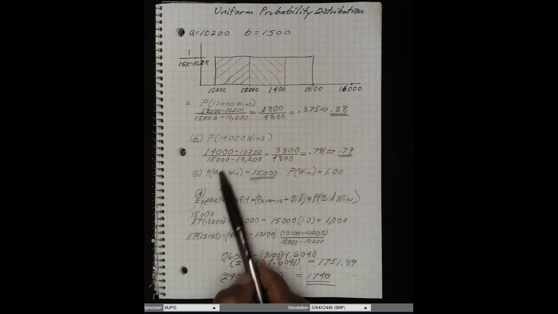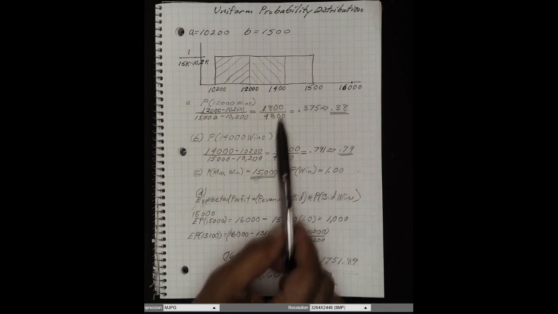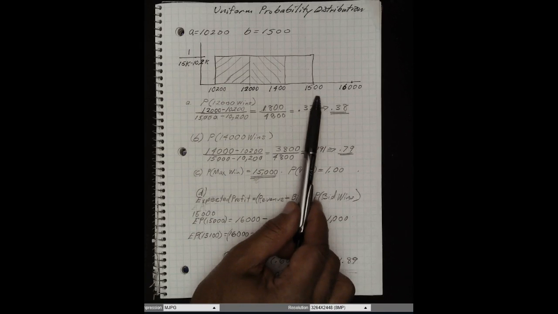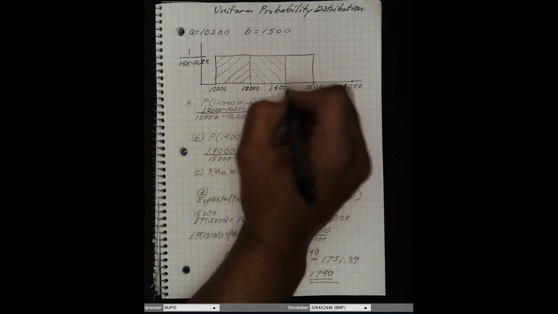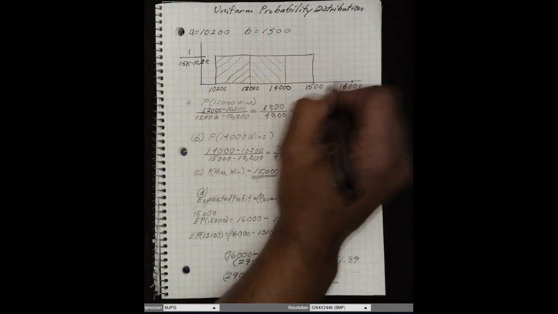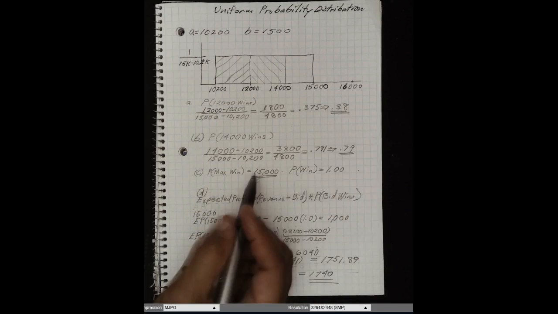So now they ask, what is the bid that will maximize the probability that you win? Well, obviously, you bid whatever you think the maximum bid is going to be. Left my zeros out there.